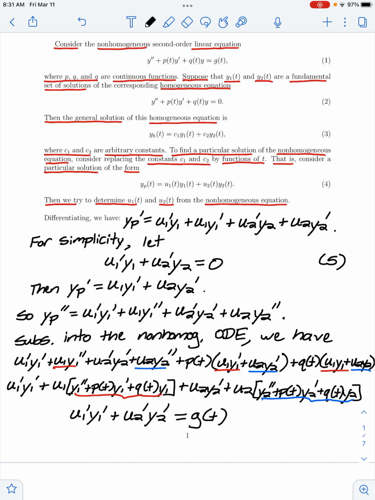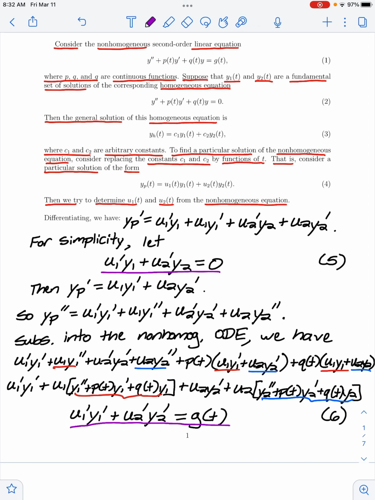So this equation that we end up with, let me call equation 6. And so what we now have, looking at equation 5 and equation 6, is a system of linear equations involving the derivatives of u1 and u2.